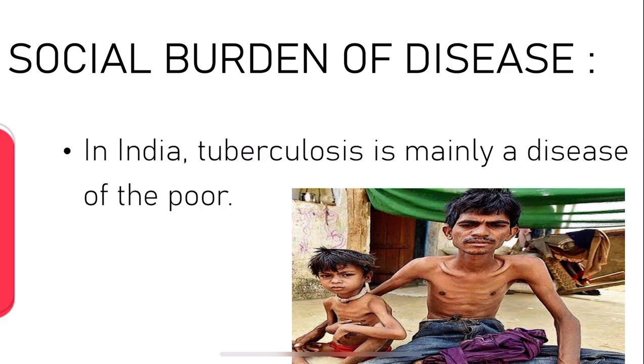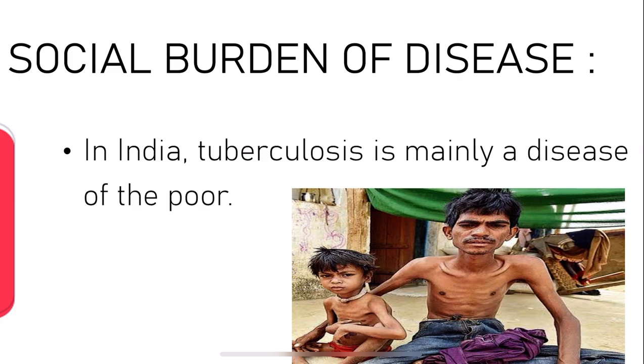Also, a patient of TB will on average take 3 to 4 months to recuperate, and that is how he loses much of his income. As a result, there is much loss of income, and this loss is very disastrous to those who are struggling against poverty.